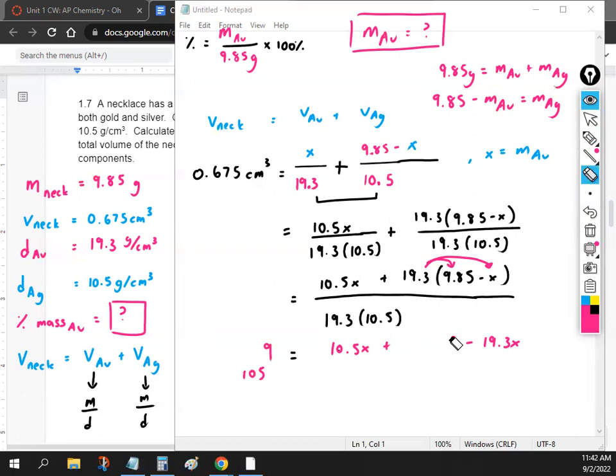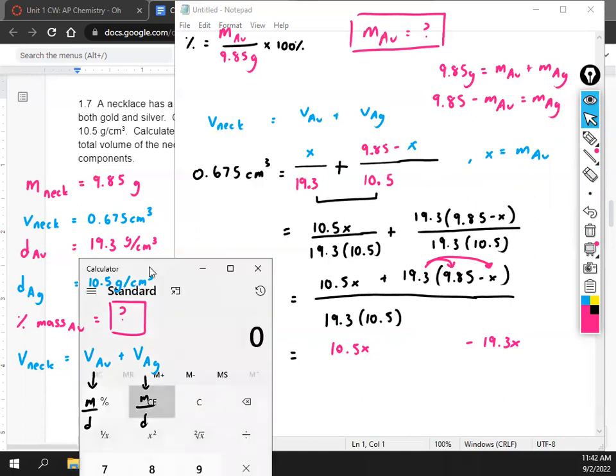Let me recalculate. I lost my spot too. So 19.3 times 10.5, that's the 202 you're referring to, right? That's what the denominator was. We multiplied it on both sides to get 136.788 on the left side.